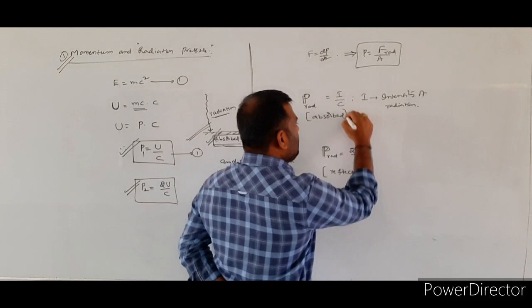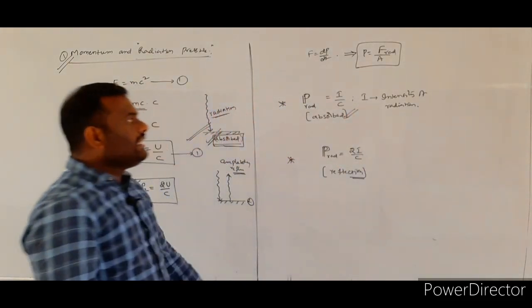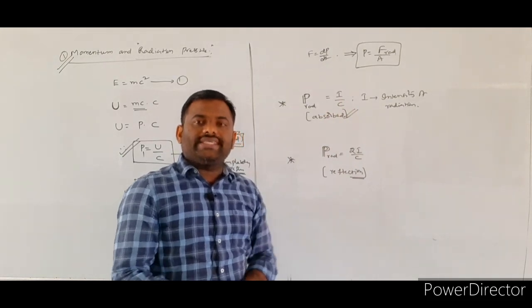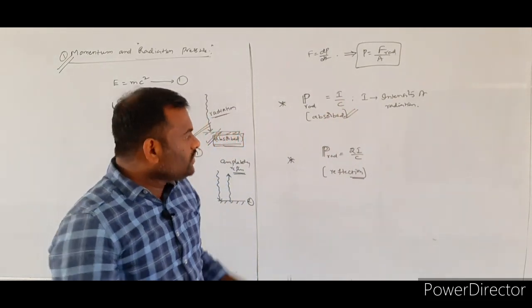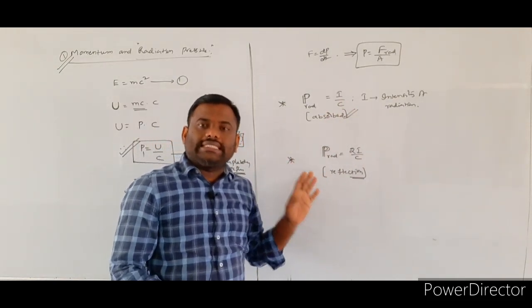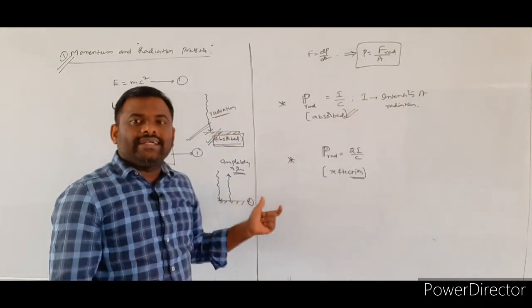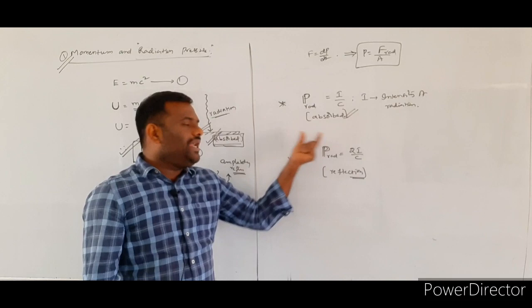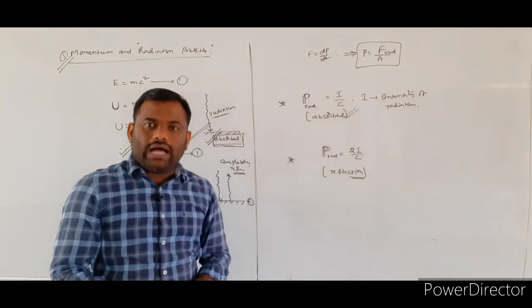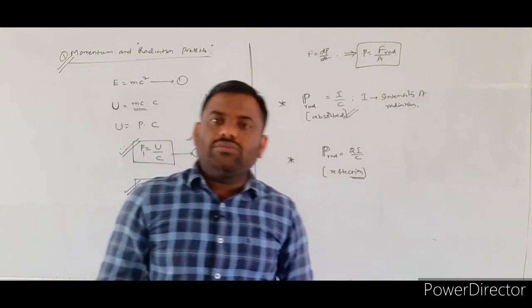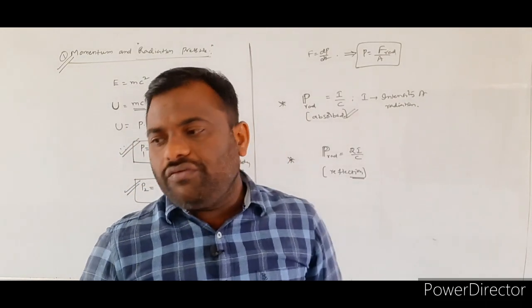For absorption, the radiation pressure is I by C. Whenever the radiation is completely reflected back, the radiation pressure exerted over the incident surface is P radiation equal to 2I by C. So this is the concept of linear momentum as well as the radiation pressure exerted by the electromagnetic wave.